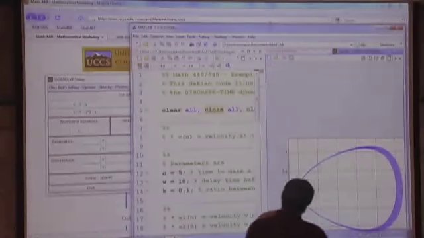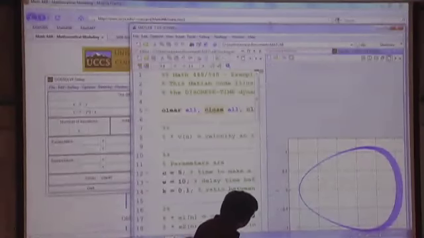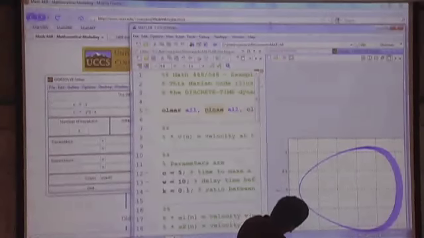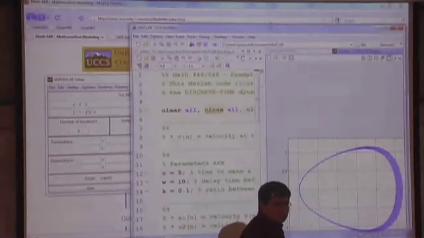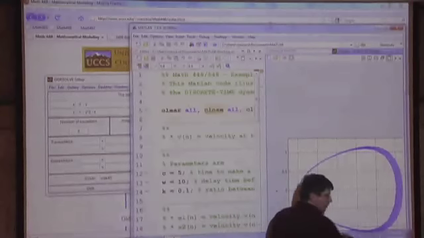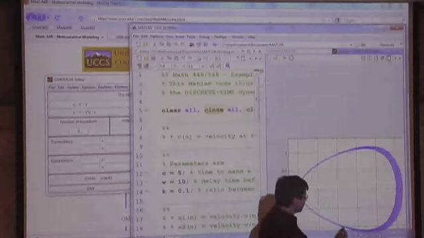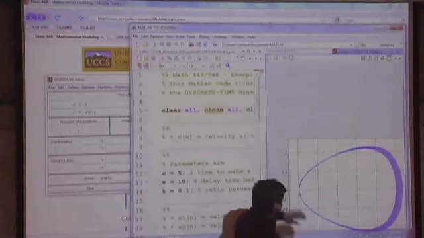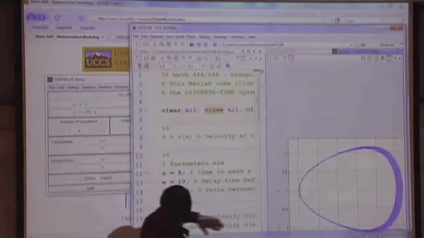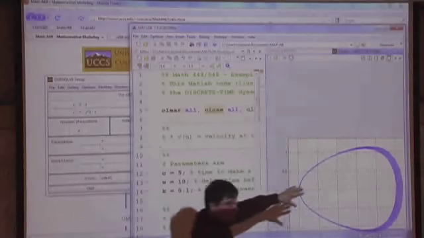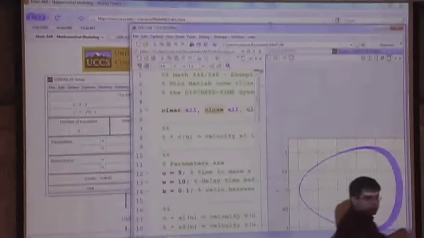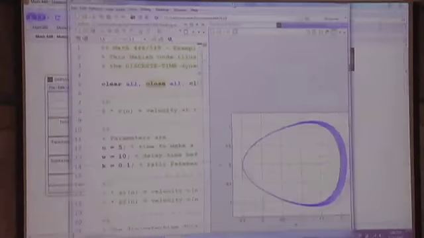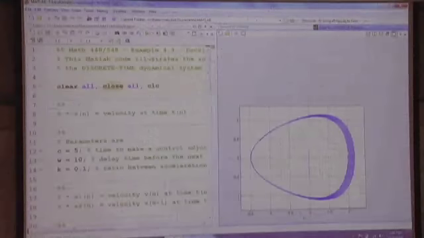But can this happen in an autonomous system? In principle, it could, right? But it's more likely that it's the error in the computation that's moving it farther and farther away, right? Because it's autonomous, this should not self-intersect. It should probably spiral out if it does, but we don't see that. I think it's more likely it's an error, basically.